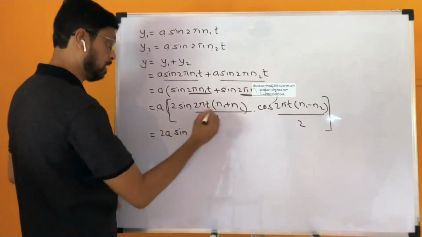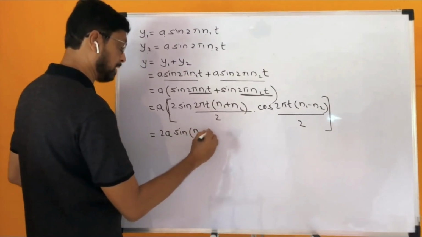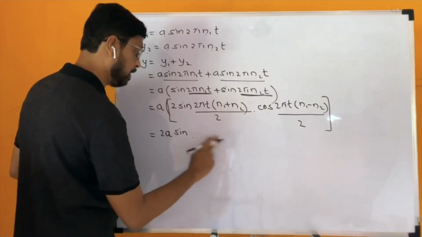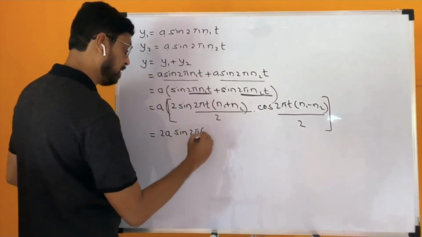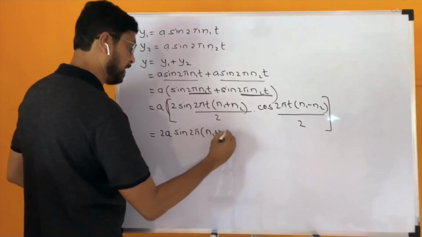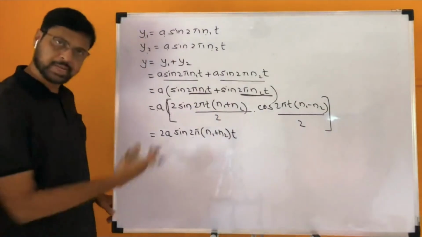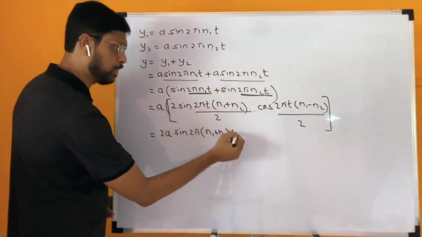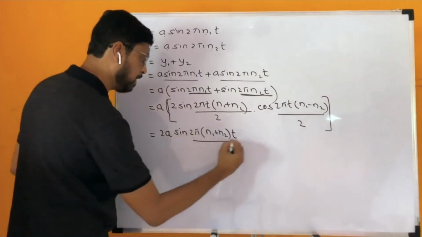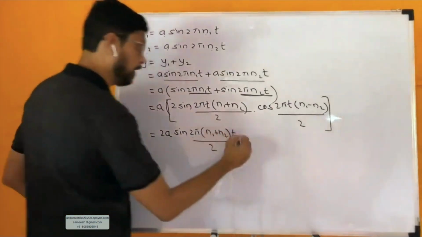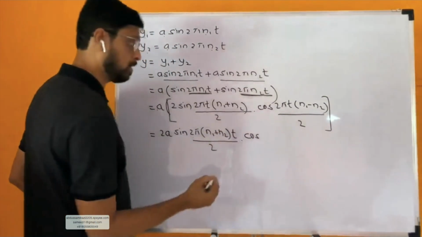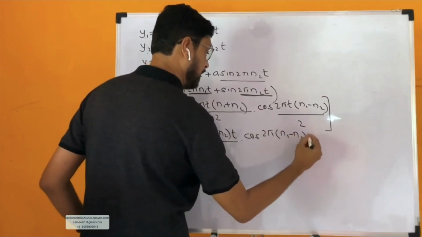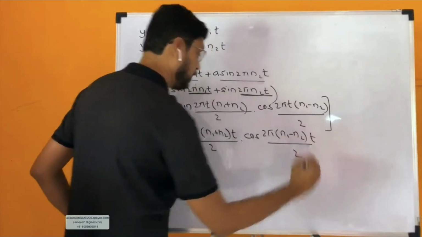Sin 2 pi (n1 plus n2) into t. It works if written like this, so we wrote t on this side: sin 2 pi (n1 plus n2) into t by 2, into cos, again 2 pi (n1 minus n2) into t by 2.